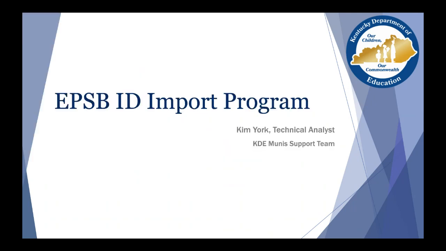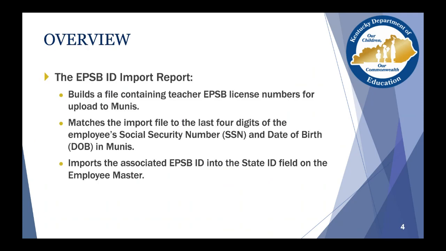So let's start with the EPSB ID import program. We started this EPSB ID import a few years ago, so many of you probably are really familiar with it, but we have a lot of new people, so this may be new to you. The EPSB ID import builds a file containing teacher EPSB license numbers for you to upload into Munis.